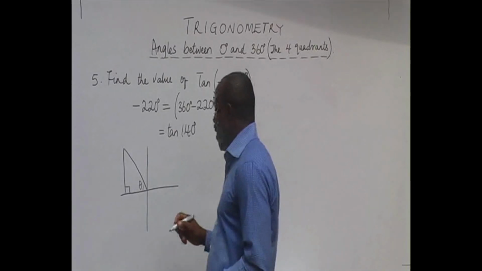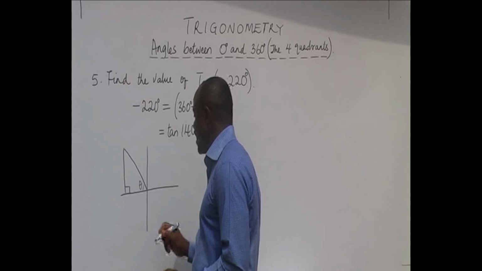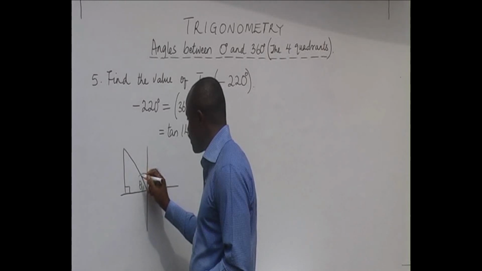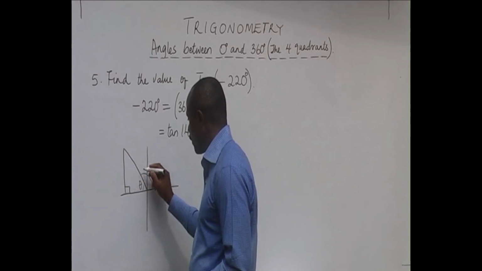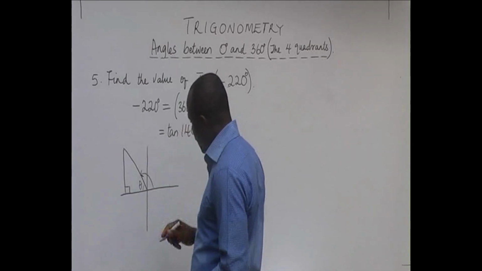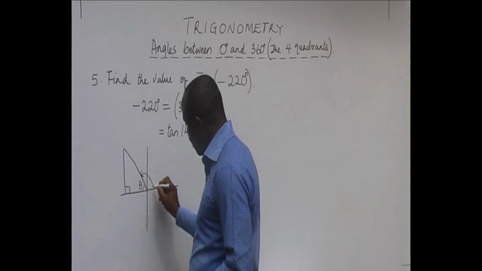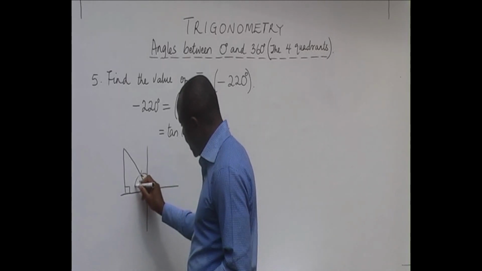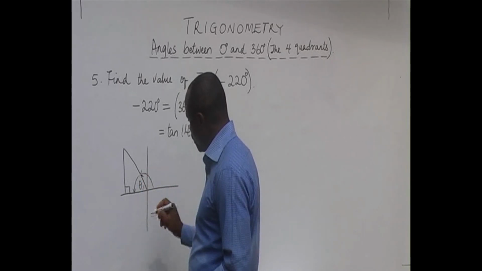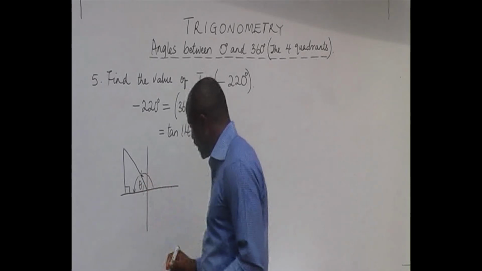Now, what is the law applicable in the second quadrant? The law applicable there is, if the angle you are looking for is this angle, to get its equivalent acute angle is the angle from here to this place minus the angle from here to here, which will give you the angle from here to here, which is 180 minus theta.